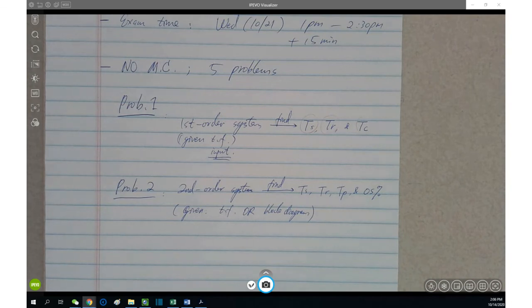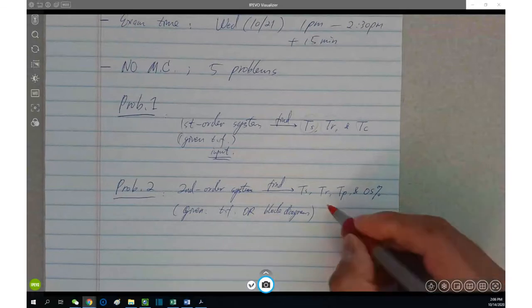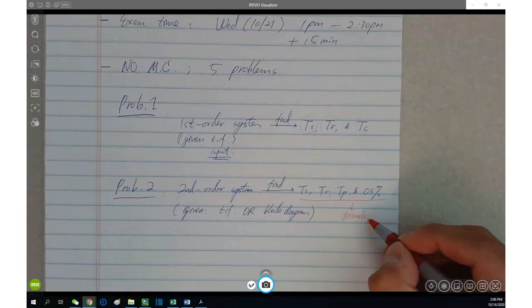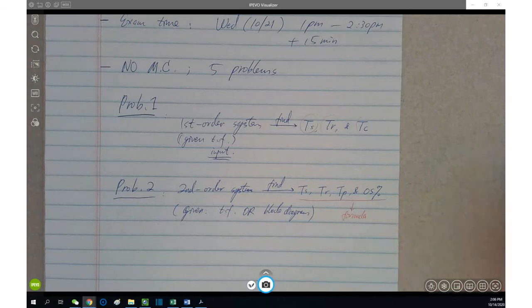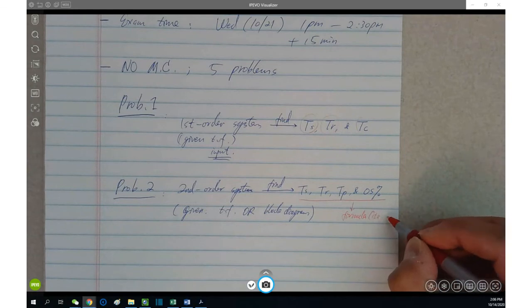And this time is once again a second order system. Just reminding you that we have a formula in terms of zeta and omega n.